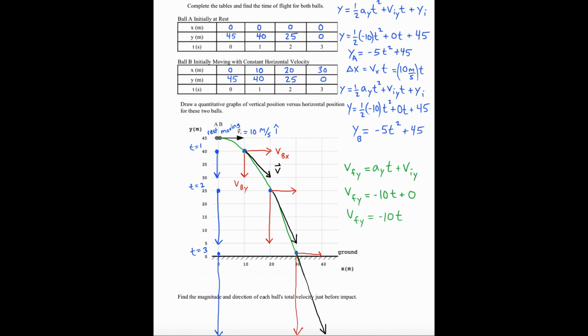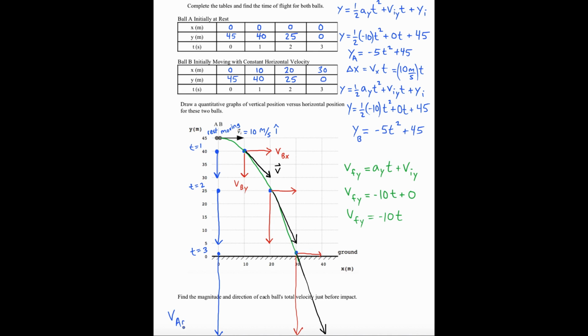Lastly, we're asked to find the magnitude and direction of each ball's total velocity just before impact. Well, I can already answer that for ball A. I said that if I plug in a time of 3 here, then negative 10 times 3 would give me 30, and that's going to be the magnitude of this final vector.